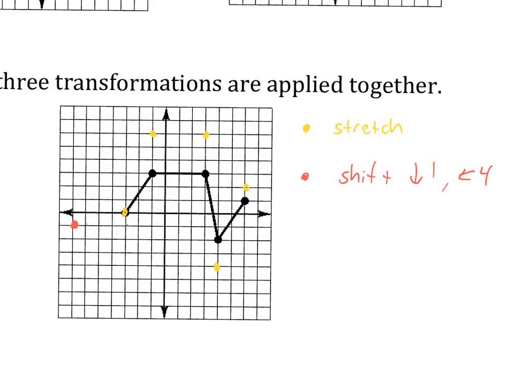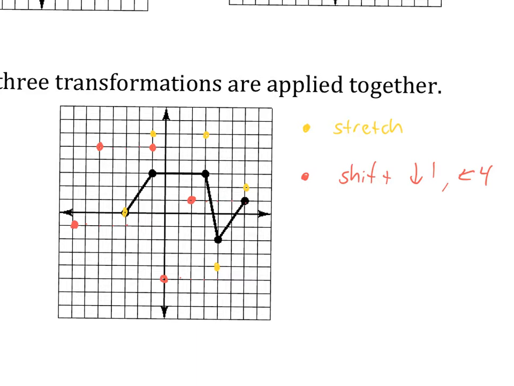Now continue. The second point maps down 1, 1, 2, 3, and maps to there. Down 1, 1, 2, 3, and 4 maps to there. This one down 1, 1, 2, 3, and 4 maps to there. And 1, 1, 2, 3, and 4 maps to there. So notice the constellation of the red is exactly the same as the constellation of the yellow.